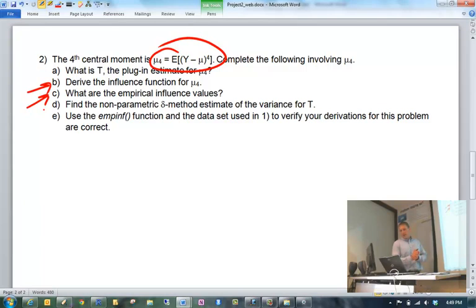Get the non-parametric delta method estimate of the variance for t, and then use the Empi function in the data set that's actually used in problem 1 to verify that your derivations for the problem are correct. So you have a way to know that you got the correct answer. I'm assuming in C and D, where you're finding the influence values, to use the data set there?